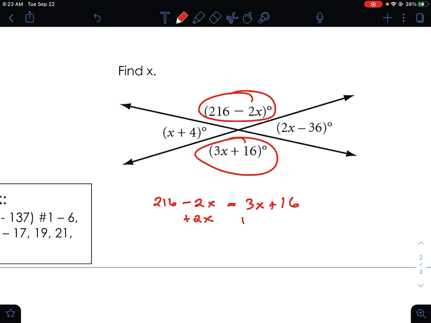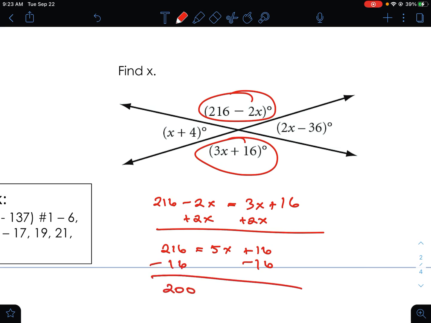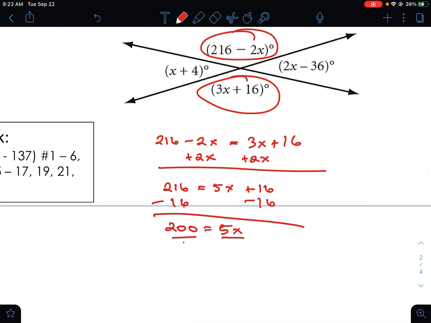We add 2x to both sides. We get 216 equals 5x plus 16. We subtract 16. We get 5x equals 200. Divide by 5. We get x equals 40. And so that's how we solve for x.